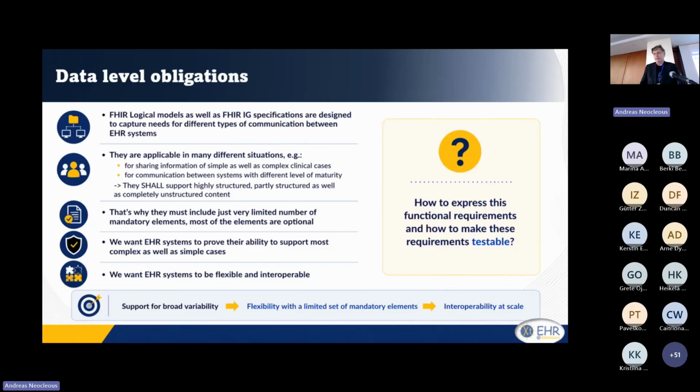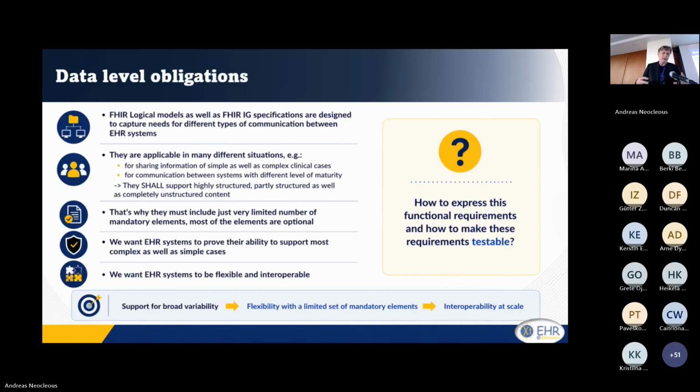But that still is not enough, because we don't want basically to have 50 different types of IGs for 50 different types of medical specialties and 1,000 different types of IGs for every possible case of the patient.